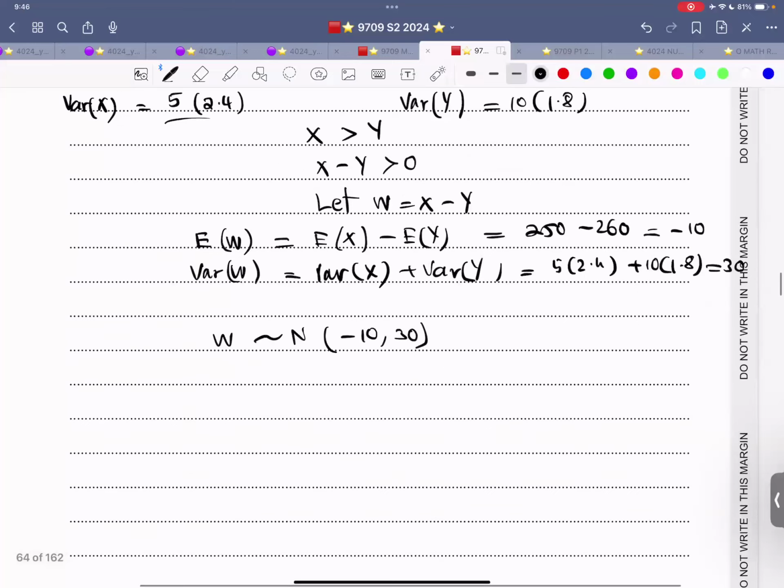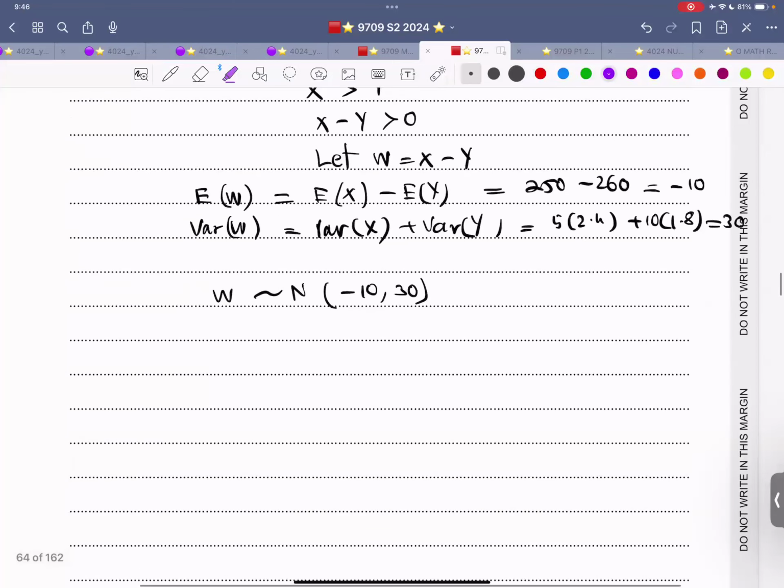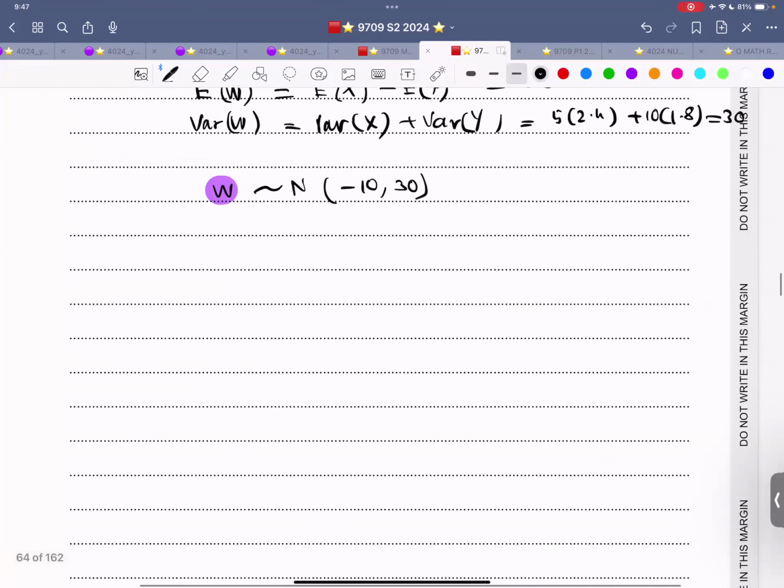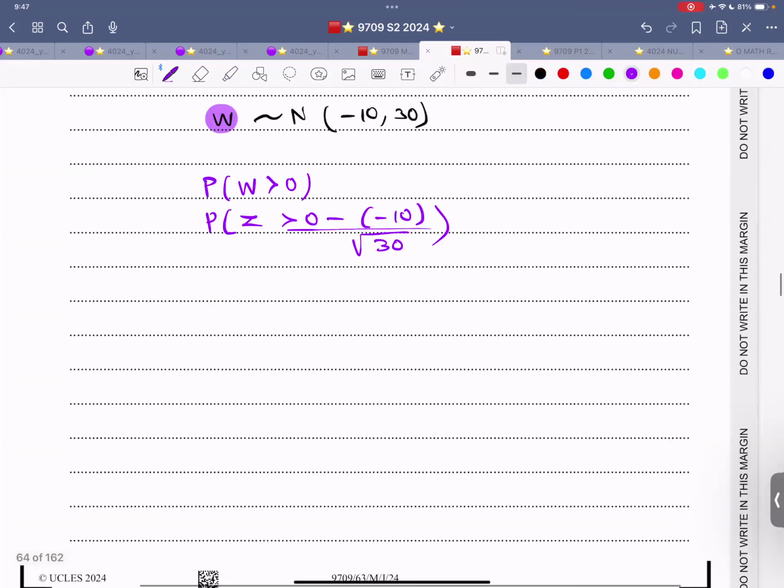This thing is done. Now we want to calculate this thing, the purple thing, that is W, and W is greater than 0. So probability W is greater than 0. Probability Z is greater than 0 minus negative 10 divided by square root of 30. Let's use the calculator. Probability Z is greater than positive 1.826.